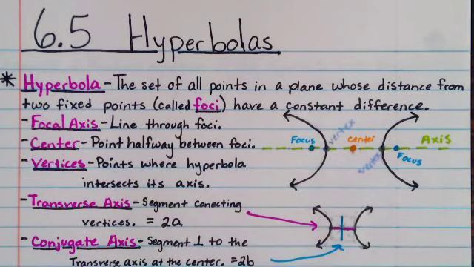But what they are is just a set of all points in a plane whose distances from two fixed points, called foci, have a constant difference. So it's very similar to the definition that we had for ellipse. Let me see if I can pull that up here so you can see the similarities. But here we go.